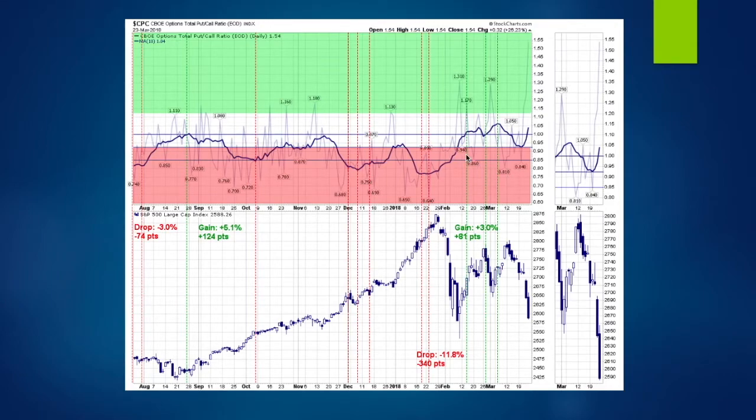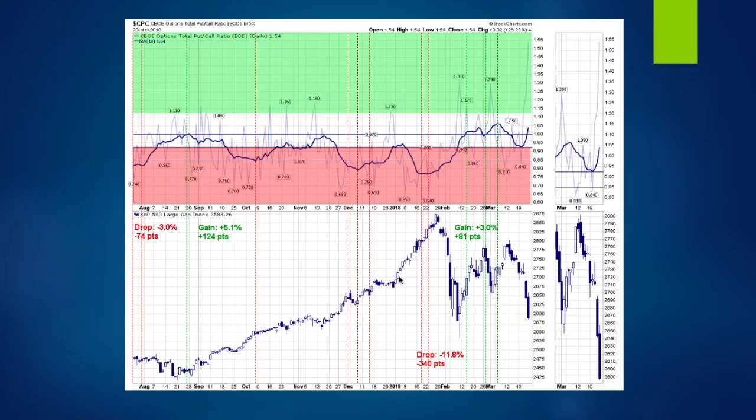Looking at this chart, now that we know we use it as a contrarian indicator, let's look at some examples. This right here is the 10-day average of the put-call ratio. You could see right here are the individual days that it's averaging out. Let's go back to January.